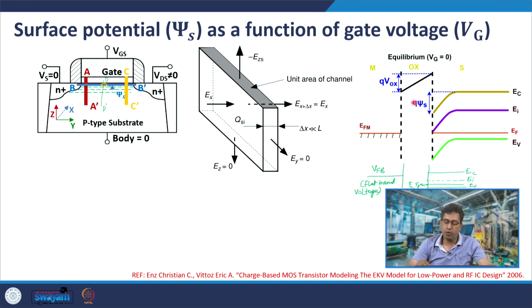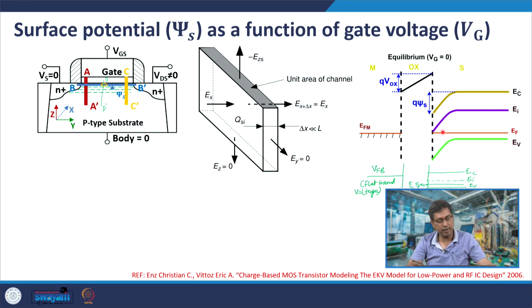So, at 0 volts, a negative of flat band voltage is as if applied within the metal oxide semiconductor system. So, band bending corresponding to negative of flat band voltage is already present in the device.